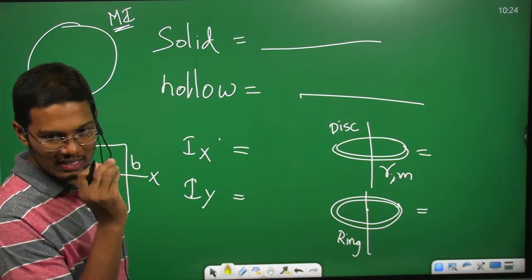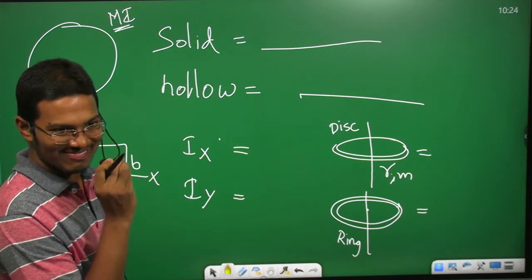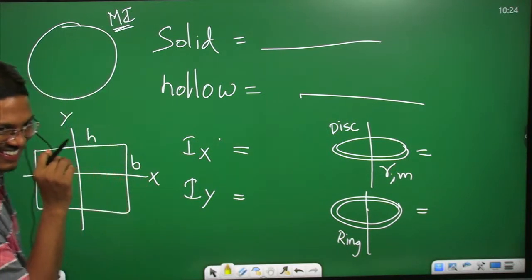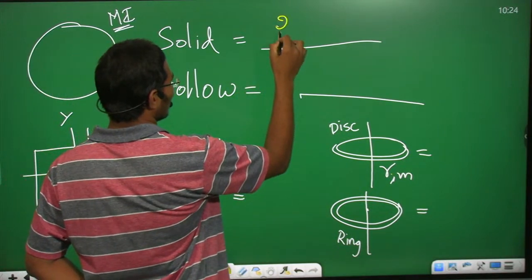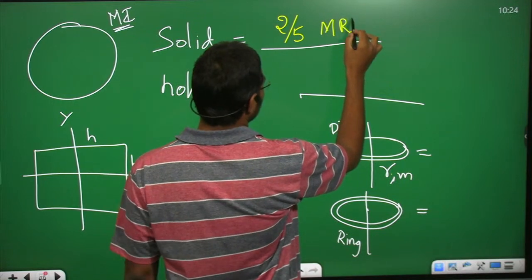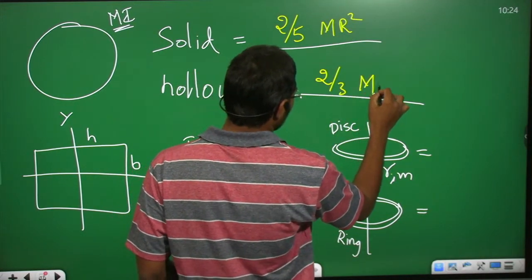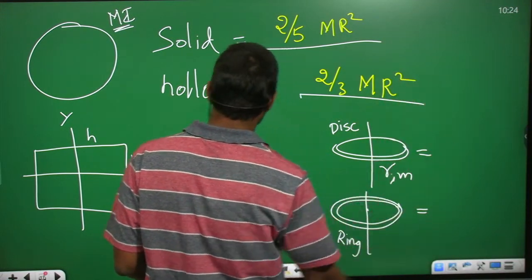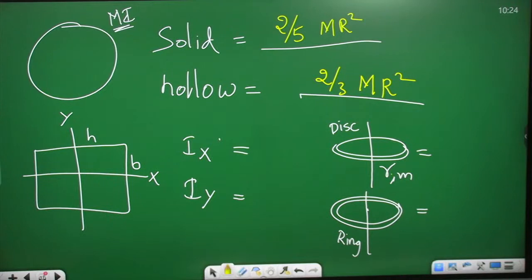Yes, you are writing, right? Writing exam. Then so it is 2 by 5 mr square. It is 2 by 3 mr square. What is? Okay, we have Mr. Ramkishore. Okay, Mr. Ramkishore, you are right.